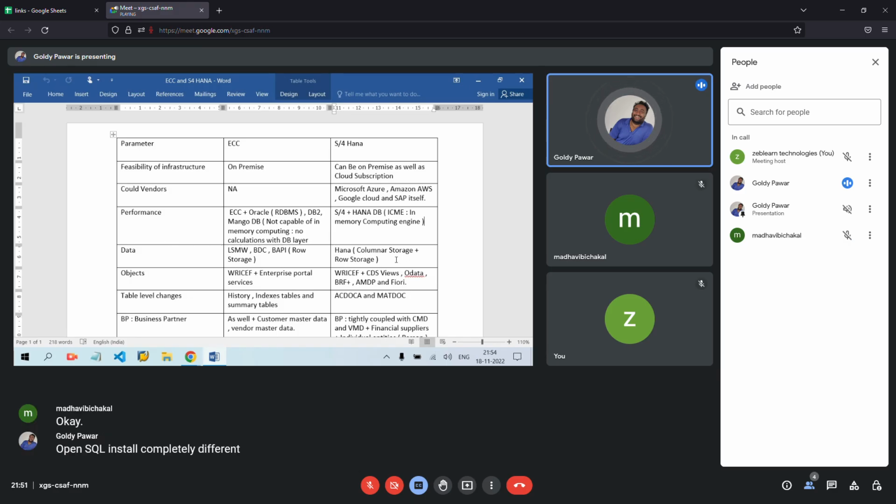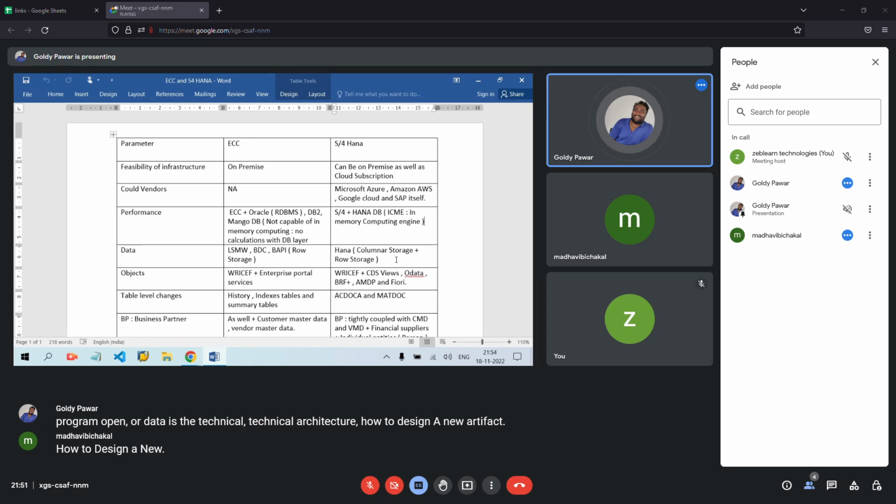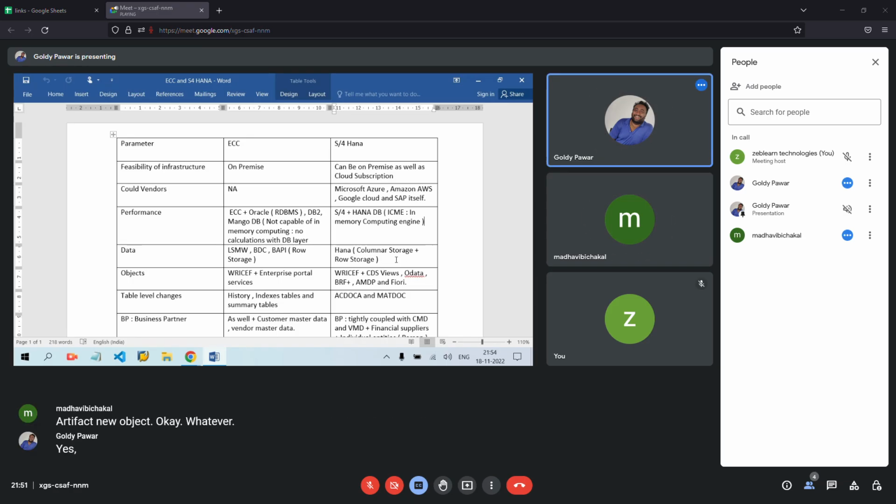OData is completely different. Open SQL is the syntax of writing a program. OData is the technical architecture for how to design a new artifact, a new object. It's an entire technical architecture, and Open SQL is just a programming syntax.